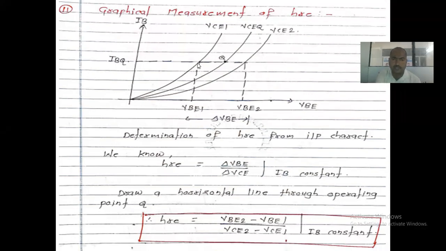This is your operating point, right? So this operating point is nothing but your calculation point of hre. So the horizontal line is at the Q point. Q indicates the minimum operating point. See, when we calculate the different things of the input side, in that case we require the Q point.